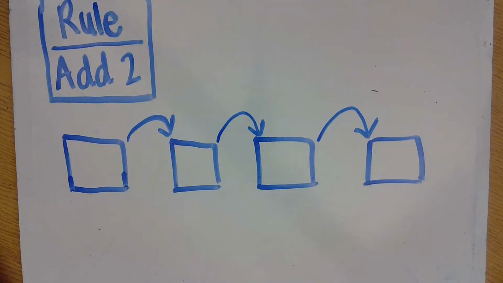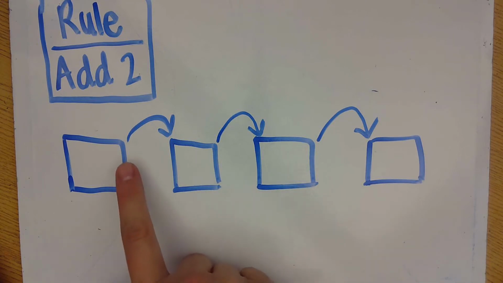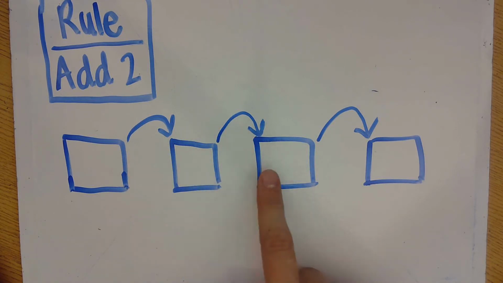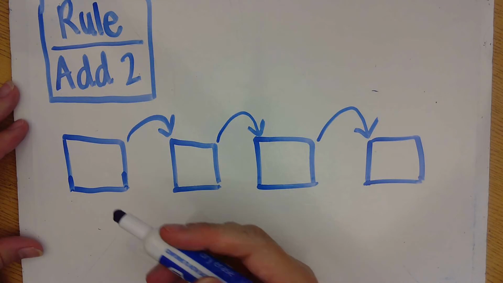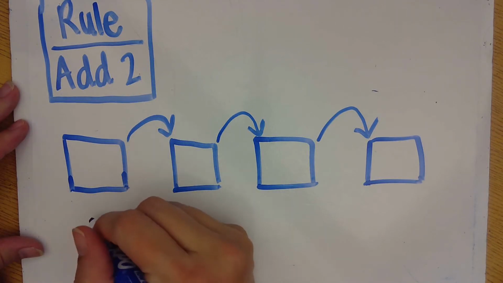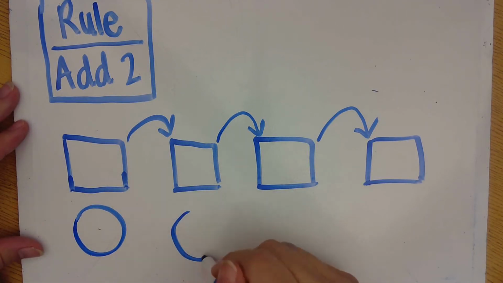Let me show you what I mean by frames and arrows. So what you are looking at here are frames, those are the squares, and arrows. The arrows point from one frame to the next. Frames can also be other shapes as well. They could be circles.